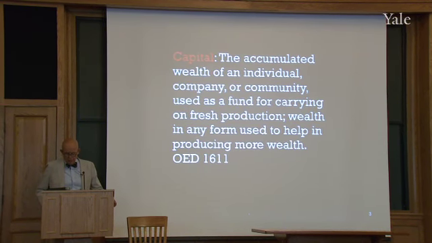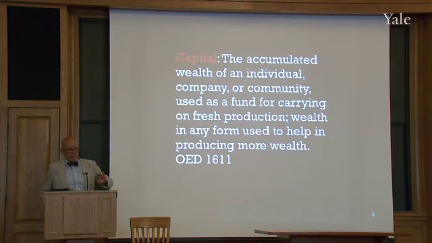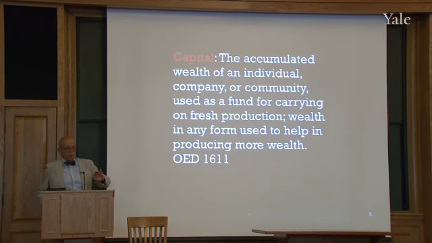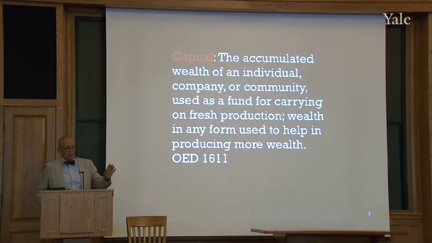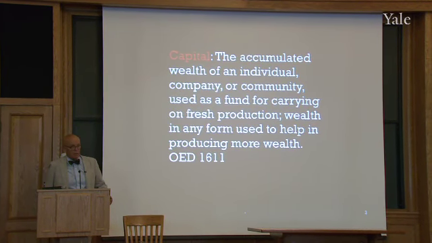Wealth in any form used to help in producing more wealth. And there's a shift between those two meanings. The first is a very broad understanding of capital. The second is very close to the way you would have to think about capital in connection with an economic system called capitalism.